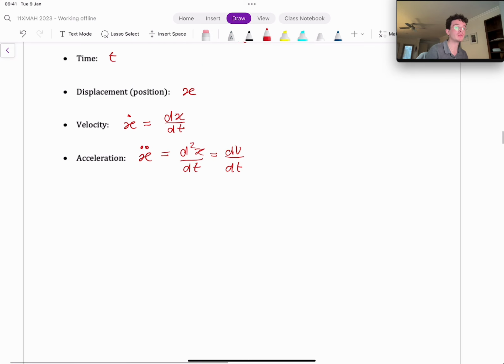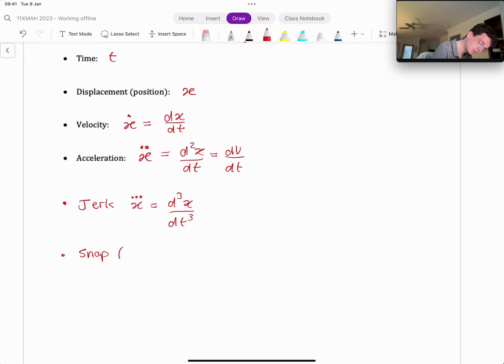Now, there are names for the third, fourth, fifth, and sixth derivatives. Some of them have applications, some of them don't. The next one is jerk, which is x triple dot, and it's the d³x/dt³. The next one is snap, or jounce, and it's x with 4 dots, and it's equal to the fourth derivative, d⁴x/dt⁴.